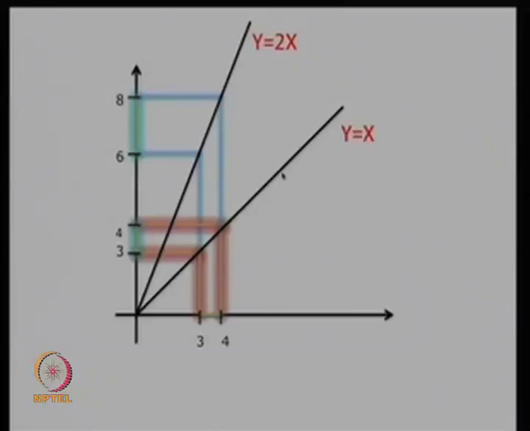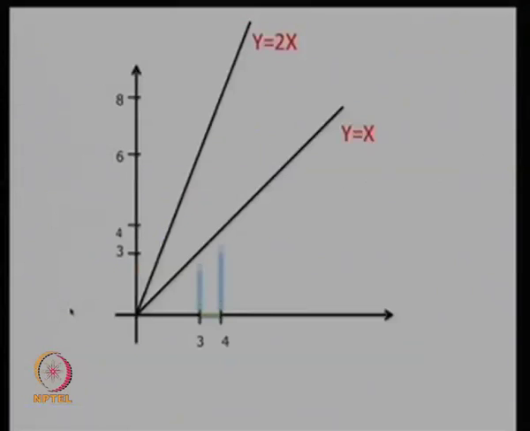The larger the slope, the larger the derivative. Let me play this movie once more. Let us see this. I am starting from 3 4 and drawing perpendicular lines to the y equal to 2x curve, and asking the question, what is the corresponding y value.